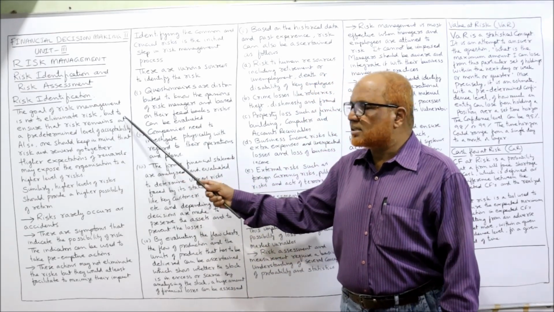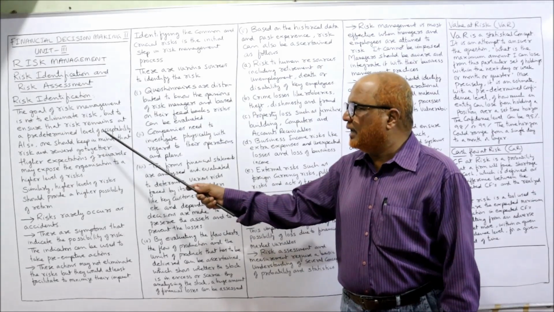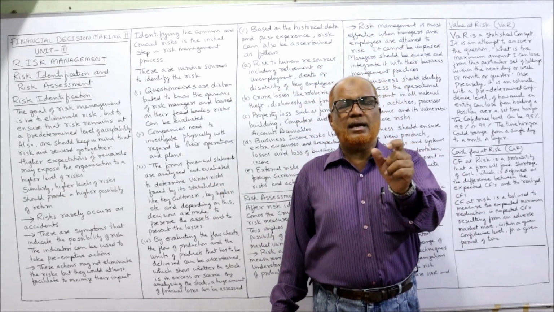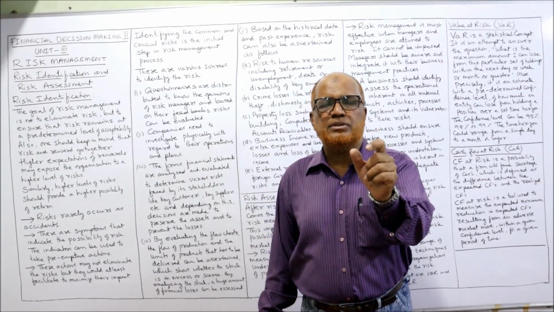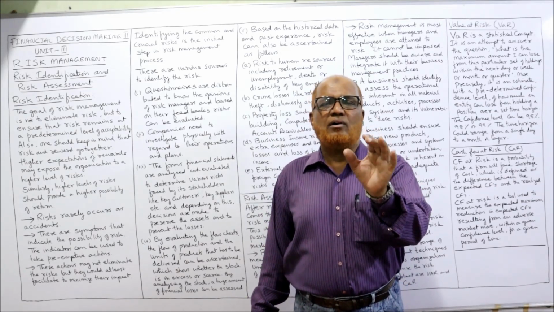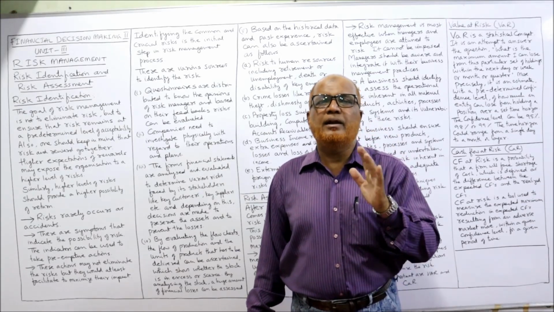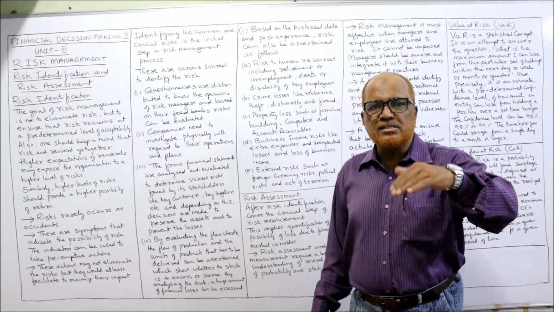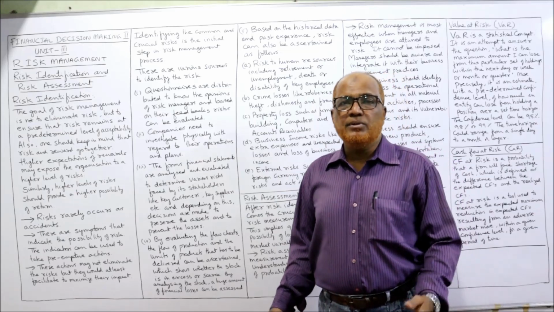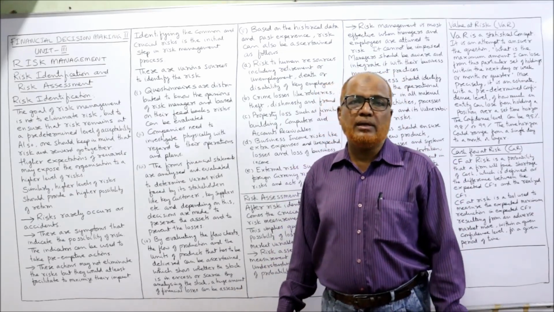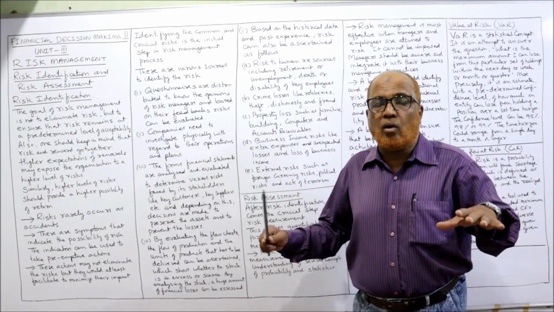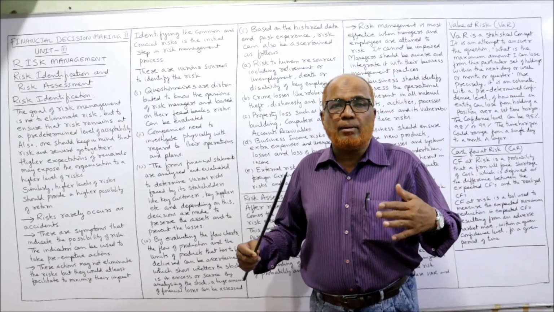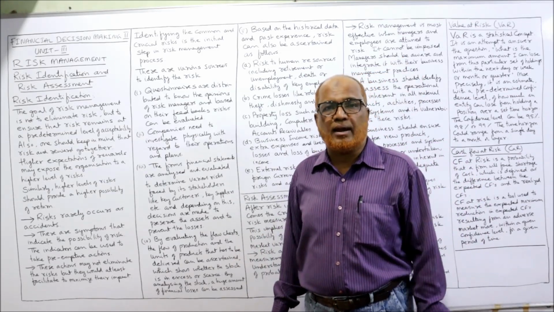So ensure that risk remains at a predetermined level of acceptability. Check that our risk is within that level. Otherwise, if risk increases, the return should also increase. If our returns are not increasing but simply risk is increasing, that means our management policies are not right.